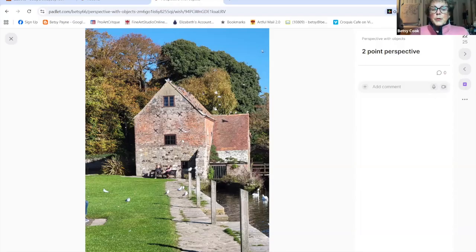So with a 2 point perspective, you're always taking the edge of the building that's closest to you. This building's on an angle. Remember the last one we saw? We were dead in front of it and it had all those horizontal lines. 2 point perspective is when you are not exactly in front of a building and you can see a side wall.